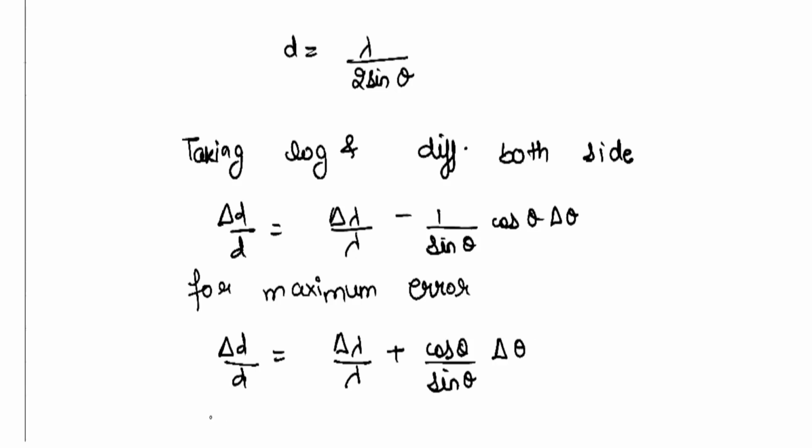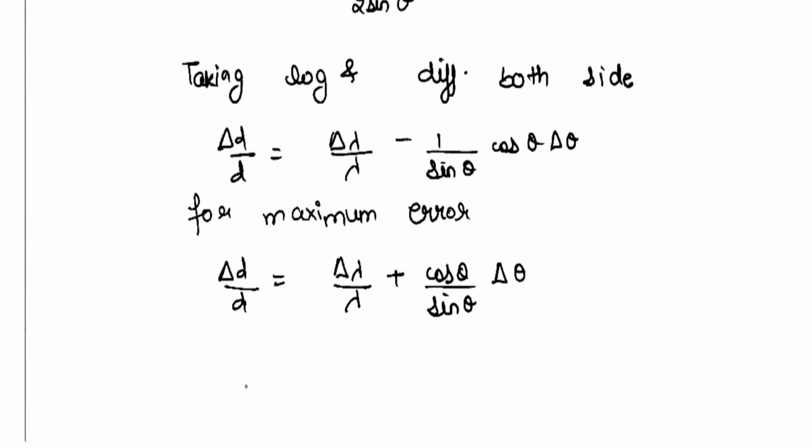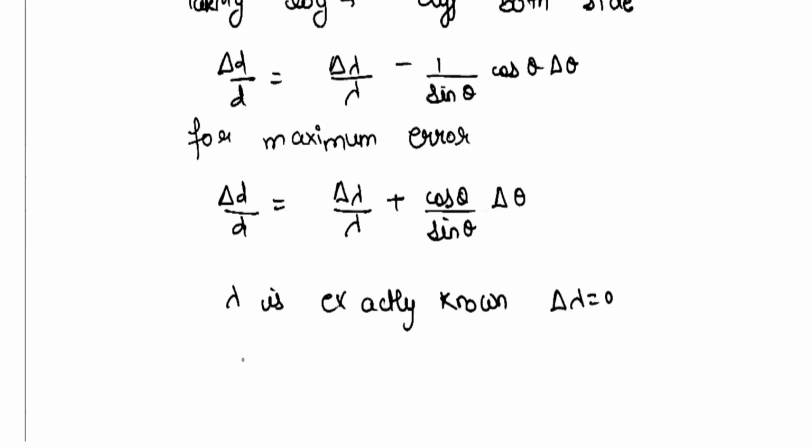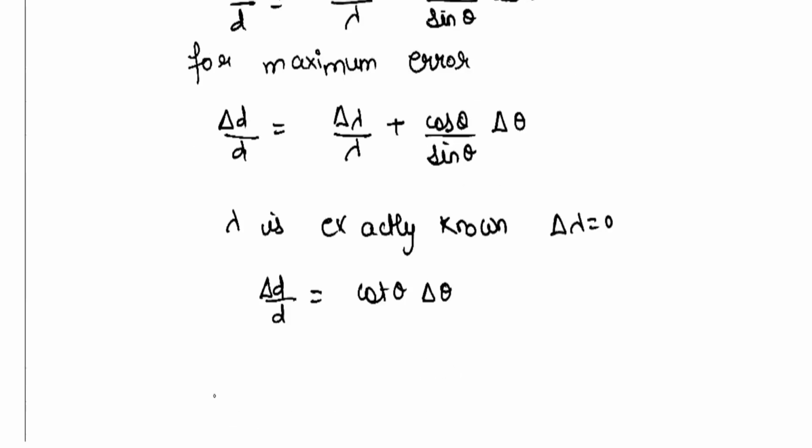And lambda is exactly known, so delta lambda is equal to 0. So delta d divided by d is equal to 0 plus cos theta by sin theta, this is cot theta, into delta theta.